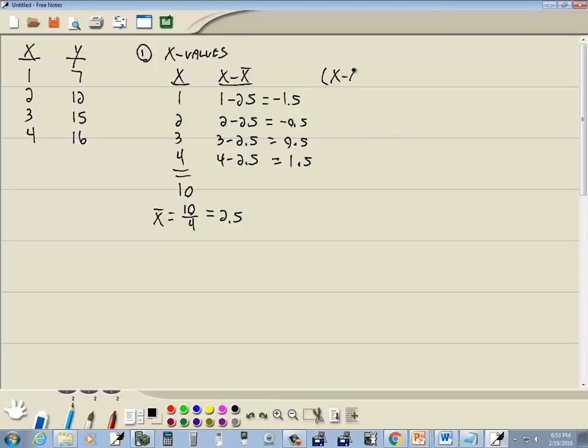Now we also need x minus x bar squared. So we're going to have negative 1.5 squared, negative 0.5 squared, 0.5 squared, and 1.5 squared.